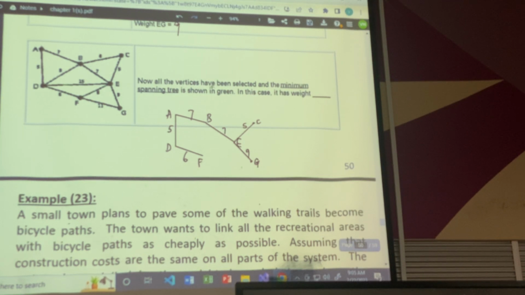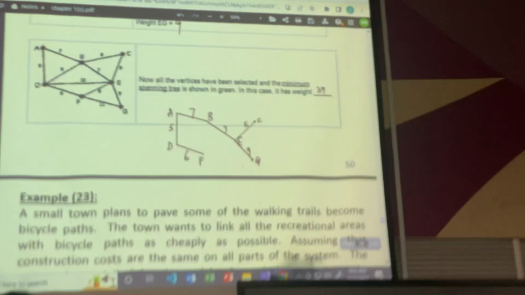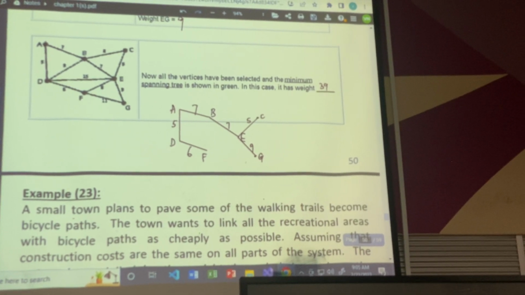What is the minimum total weight? Thirty-nine. 39. Okay, so this is using the step algorithm for Prim's algorithm.